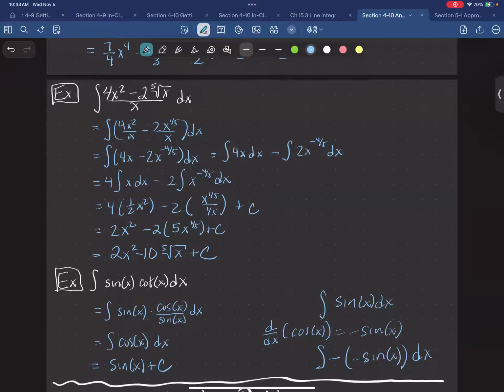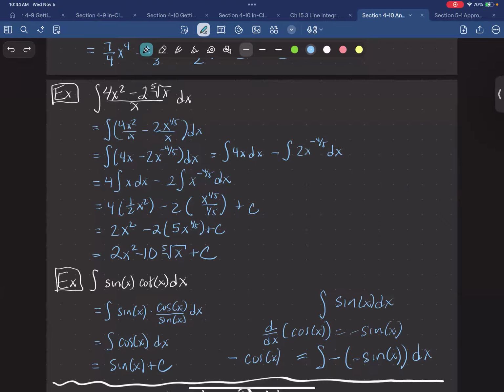Then this part integrates to cosine x. And what I end up with would be negative cosine x, because this part turns into cosine, and I still have the negative out front.